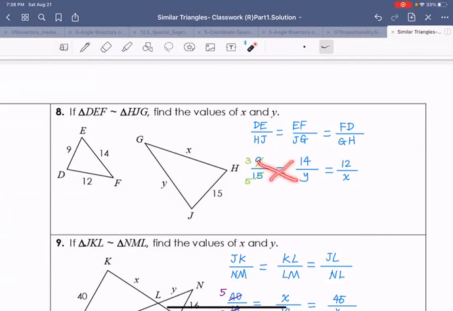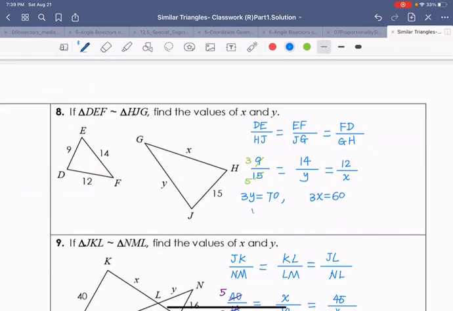3y equals 70. Yes. And then this, 12y equals, we can do this here. 3x equals 60.